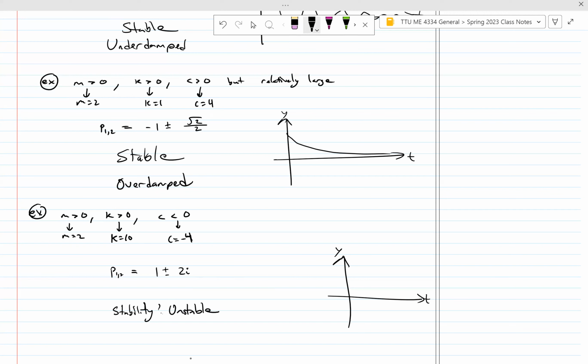But how? Just like this? Or this? Remember, oscillations are associated with imaginary parts. That's because of exponentials of imaginary numbers, those Euler formulas.